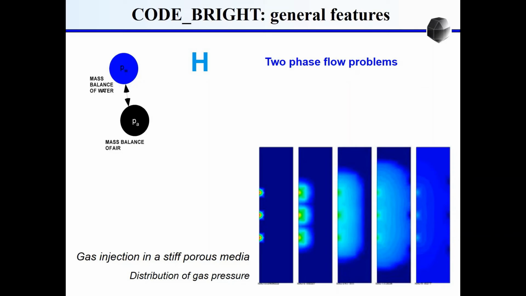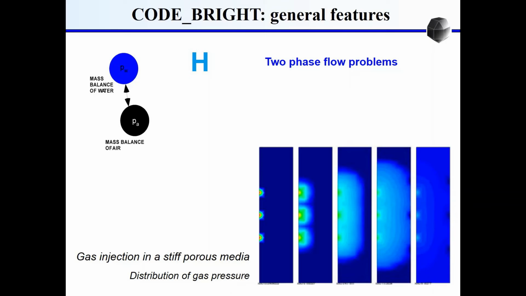We can also solve two-phase flow problems. Okay, in this case, for example, we have gas injection in a stiff porous media which is saturated, so we can see the gas pressure evolution, for example, like in this image.